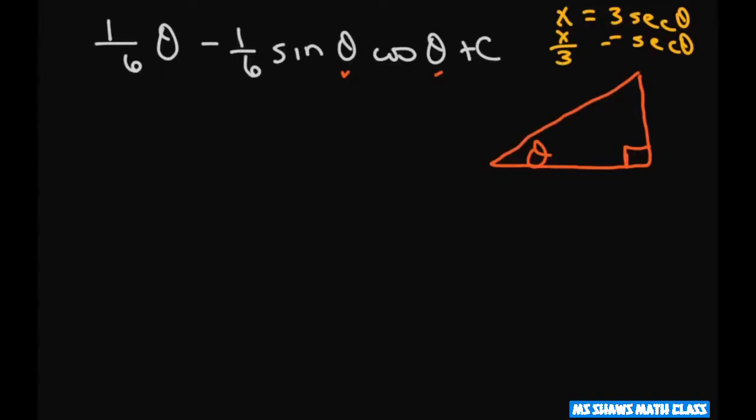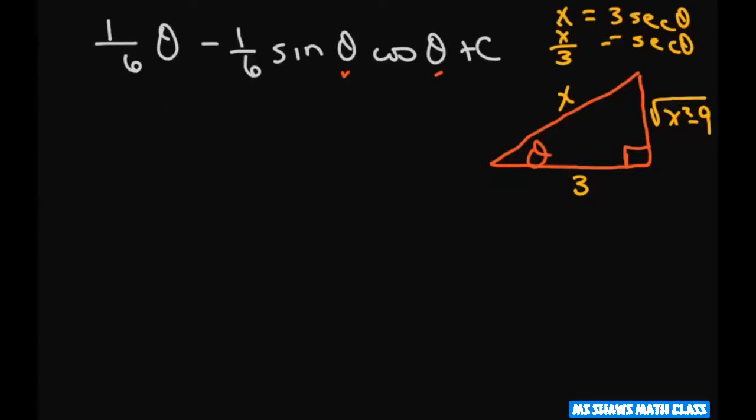That means secant is r, or your hypotenuse, over your adjacent. And when you do the Pythagorean theorem, you get the square root of x squared minus 9 for this side. So we're going to fill everything in.